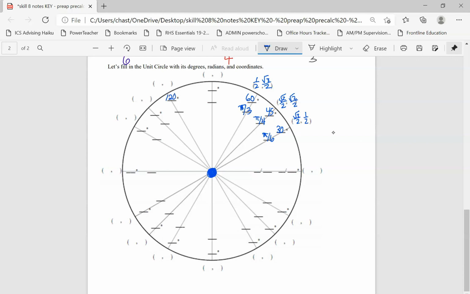That would be another group of 60, so it would be 2 pi over 3. And the coordinates, we're moving from the positive x to the negative x, so it'll be negative 1/2, positive radical 3 over 2.